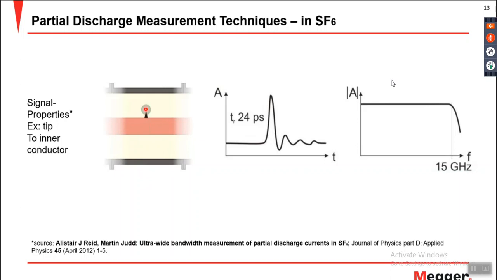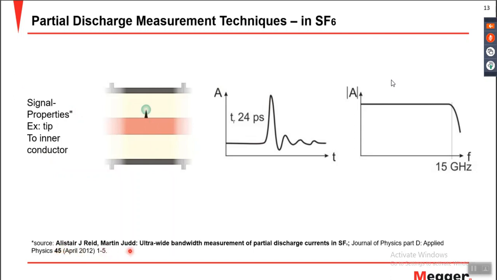a sharp tip on the inner conductor of your GIS, and you are injecting the voltage, at a certain point of time at this particular tip the voltage stress is going to be higher, and it can generate partial discharges at this point.